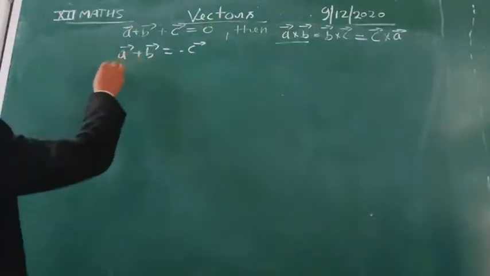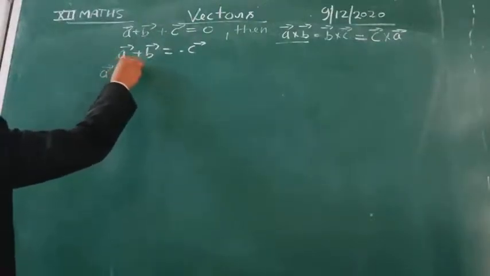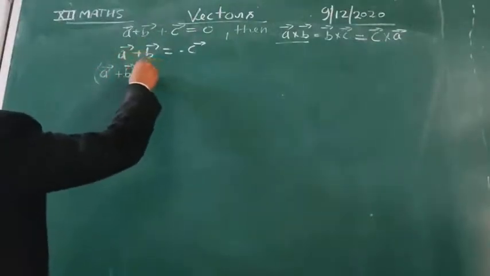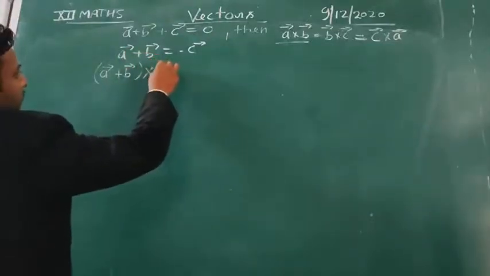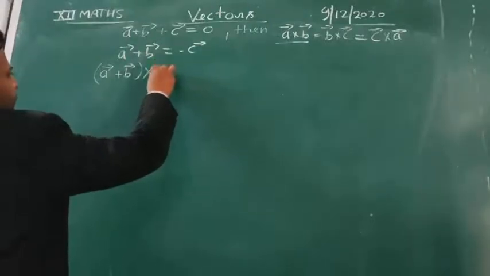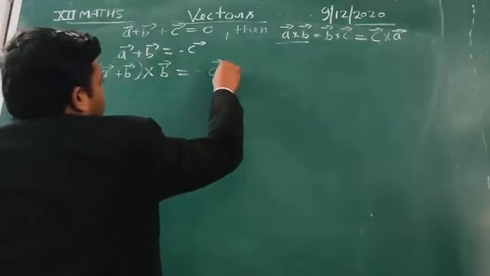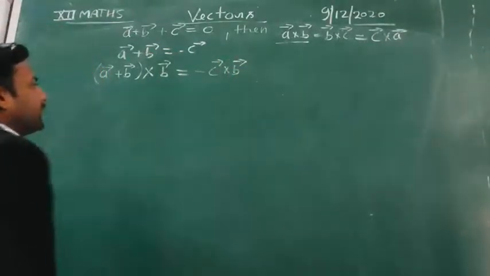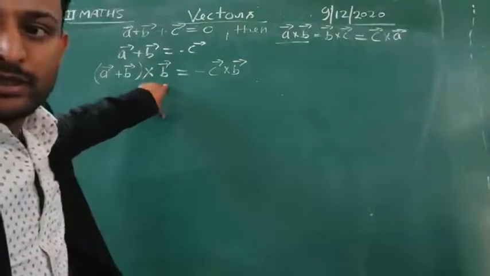Okay, so writing here A plus B multiplied by B cross, so minus C cross B. Okay, we are taking cross product with B first here.